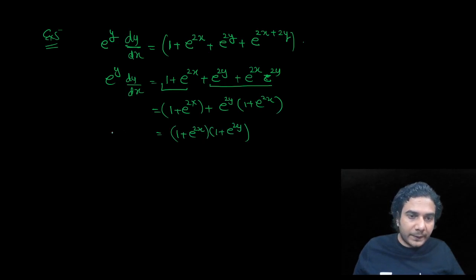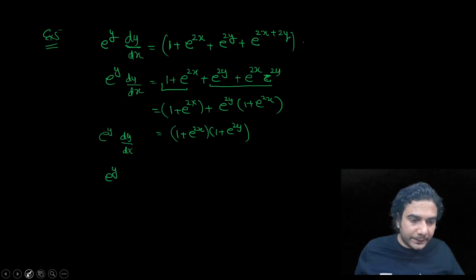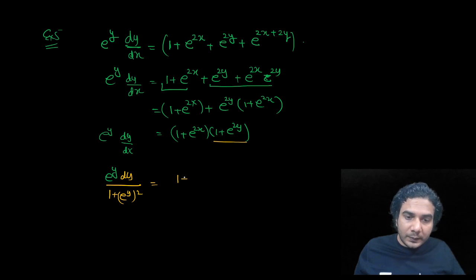Now you can separate it: e^y dy/dx. So e^y as it is, with dy divided by this function of y, which is (1 + e^y) whole square, and this is (1 + e^(2x)) as it is, into dx. Now see, in this you can do a substitution.